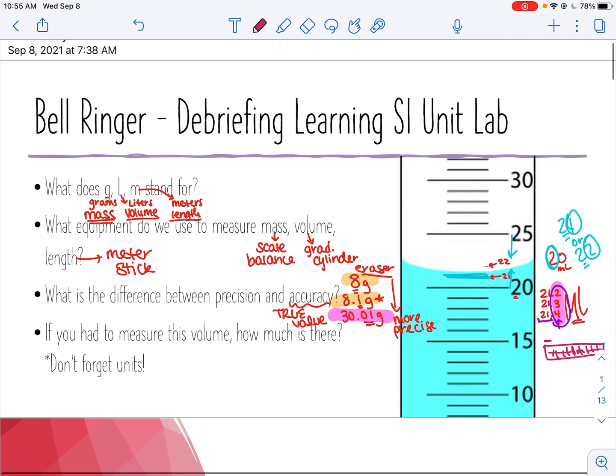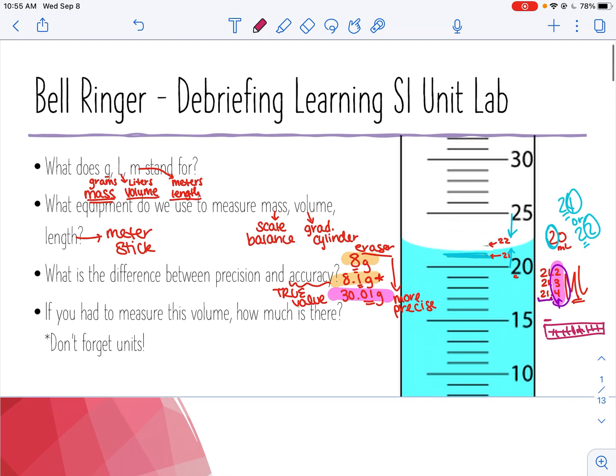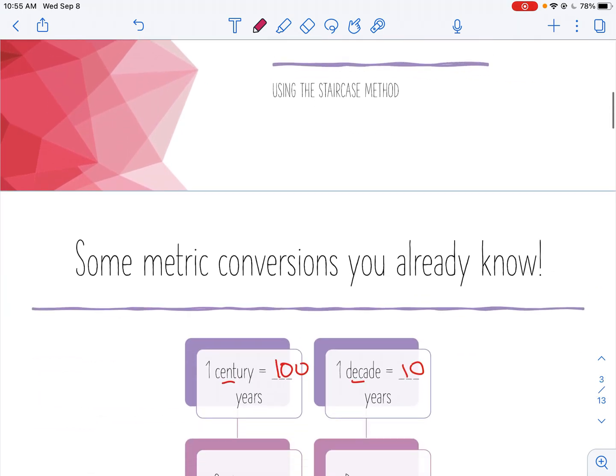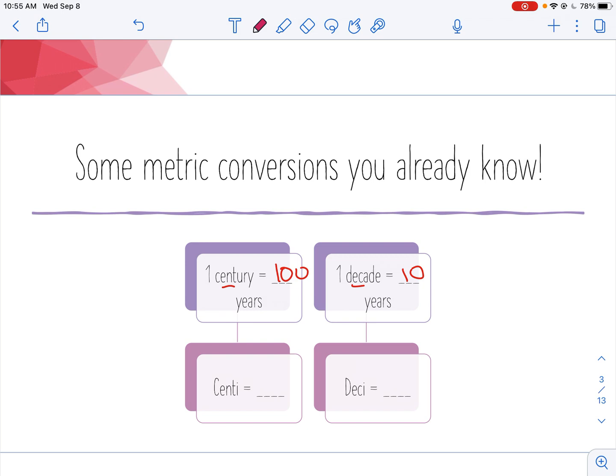All right, last week's activity led us into this week as we keep working through those SI units and taking a look at some of those conversions. For today, we're going to start introducing the staircase method, which hopefully you remember a little bit. There are some conversions that you already know. You might not know that there are 100 centimeters in a meter, but you could tell me there are 100 years in a century, or a decade has 10 years.